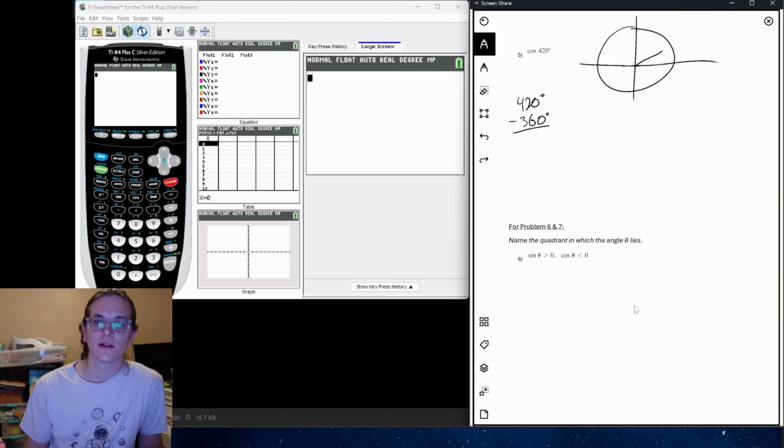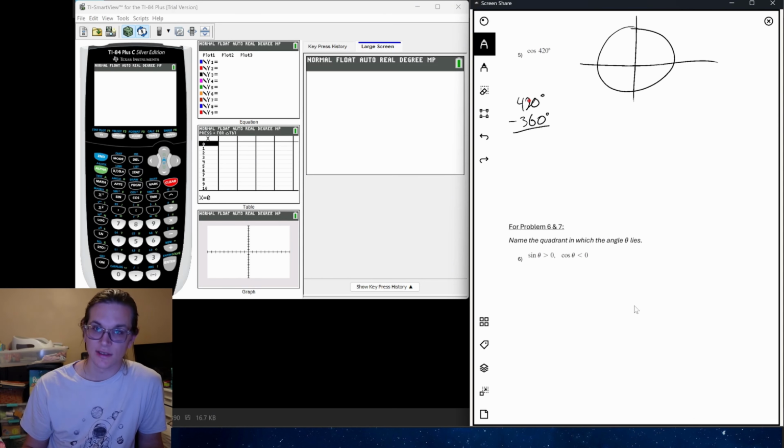If you get lucky, it'll land here, and then you have your acute angle in the first quadrant already. And if it lands here, then this will be the angle that you use, but your reference angle will be this. Basically, if this number right here ends up being 90 degrees or less, then that's my reference angle and the sign of my coordinates.